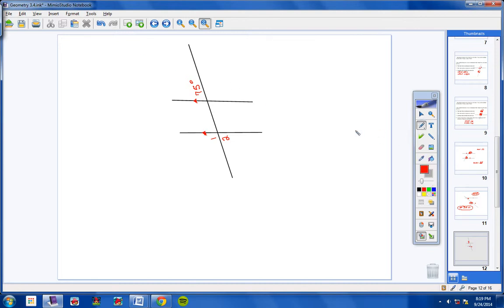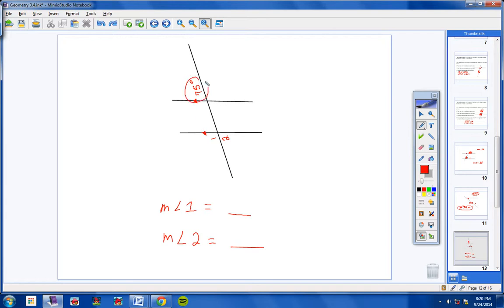Now, look what we have here, students. We're trying to find the measure of angle 1 and the measure of angle 2. Please look carefully, students. Notice that this is 75 degrees. First of all, notice I have two parallel lines cut by a transversal.